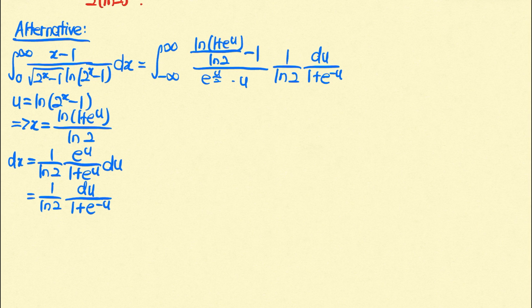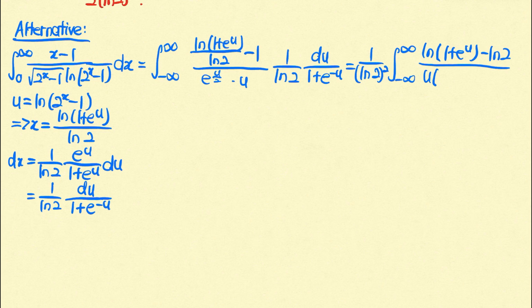Okay, and then by pulling out the constant part, it is (1 over natural log of 2) squared, the integral from negative infinity to infinity, and the integrand will be (natural log of (1 plus e^u) minus natural log of 2) over u times (e^(u/2) plus e^(negative u/2)) du.